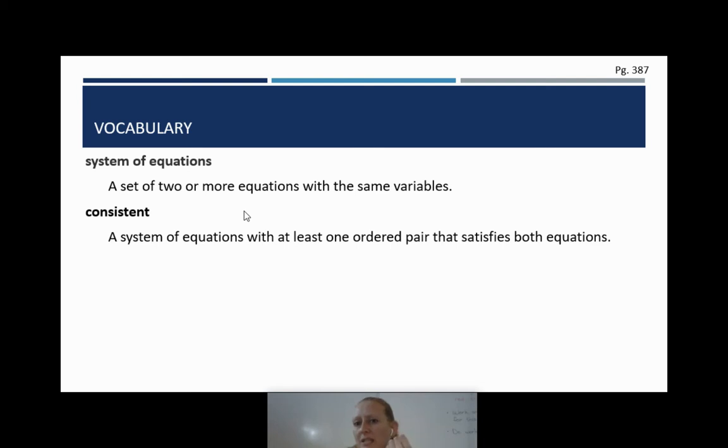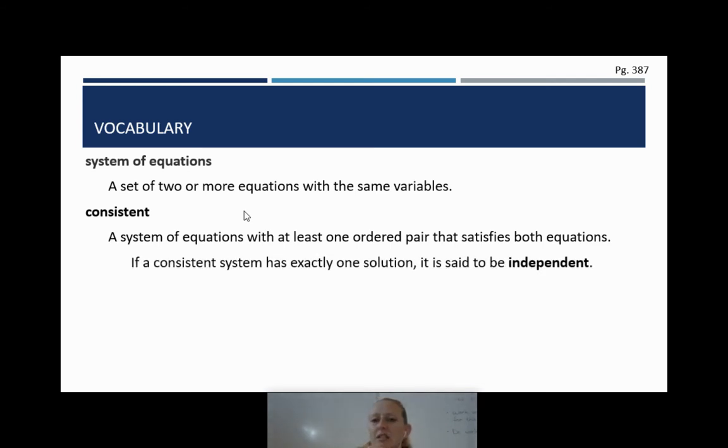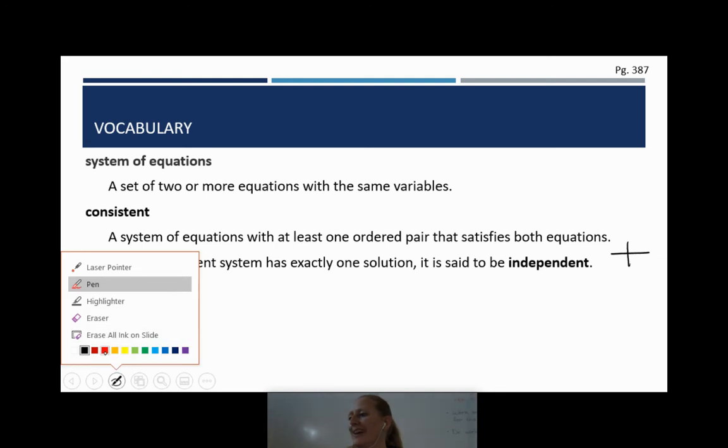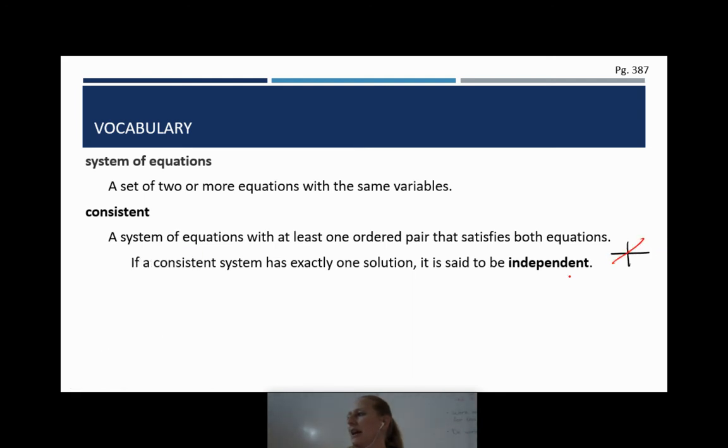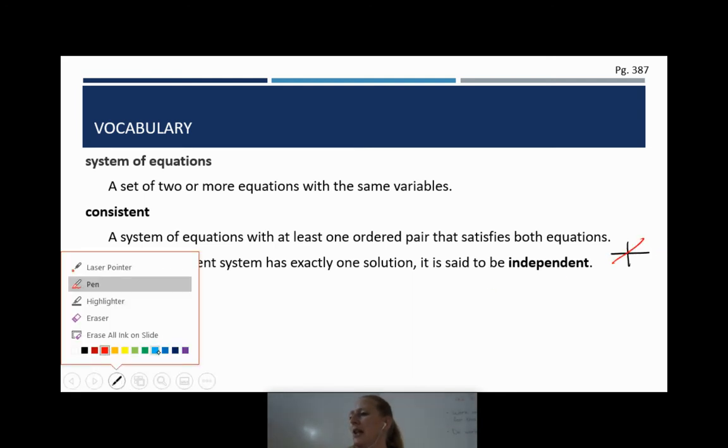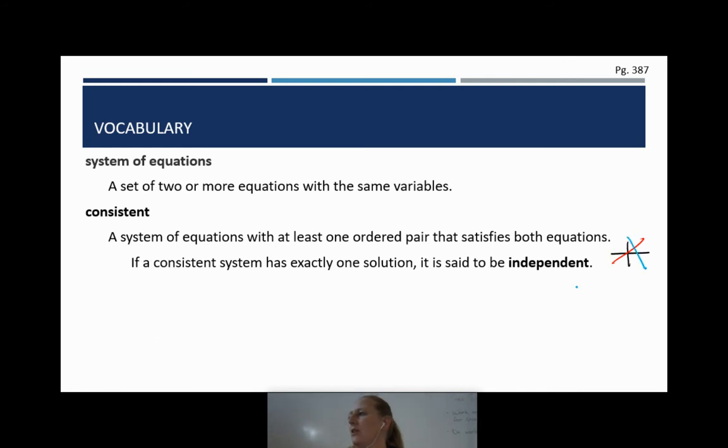So with consistent, I want to point out that there's two things that can happen. If a consistent system has exactly one solution, it is said to be independent. So if I were to graph the lines, here's a line, and here's another line.